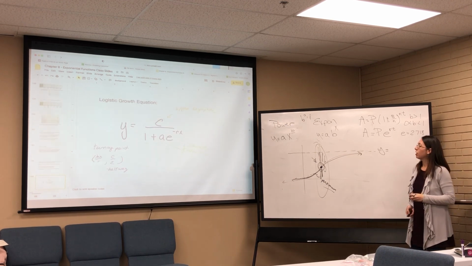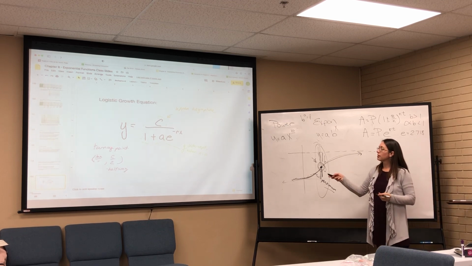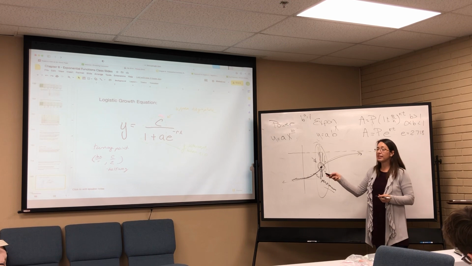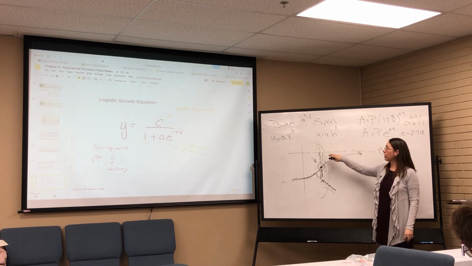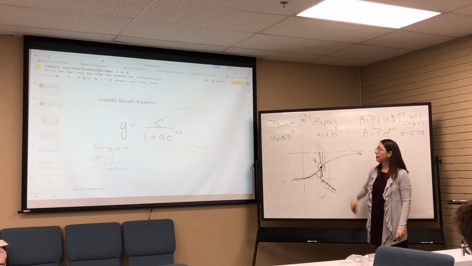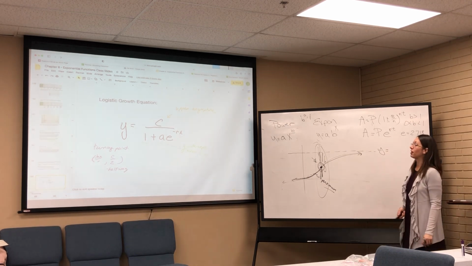Right? So the equation looks like this. y equals C divided by 1 plus a times e to the negative rx. C is your upper asymptote. It is not your y-intercept, it is your y asymptote value. You do not need to have this memorized.